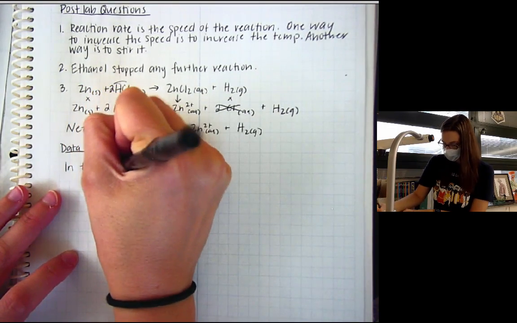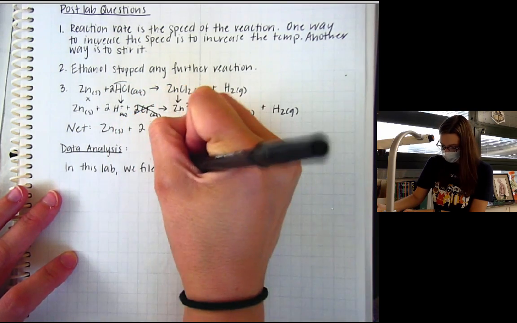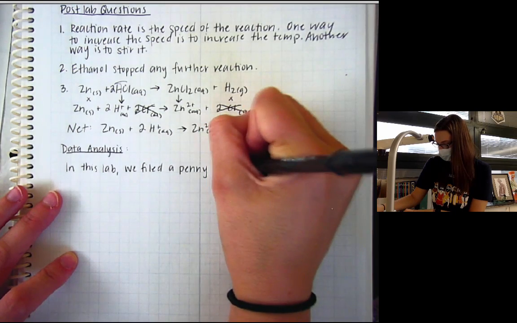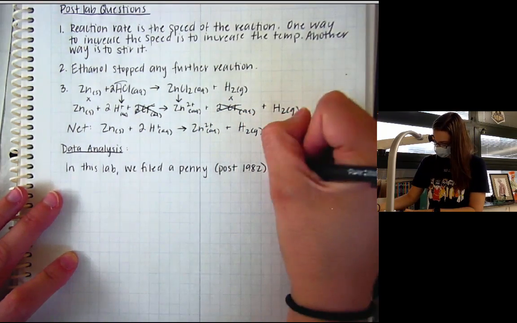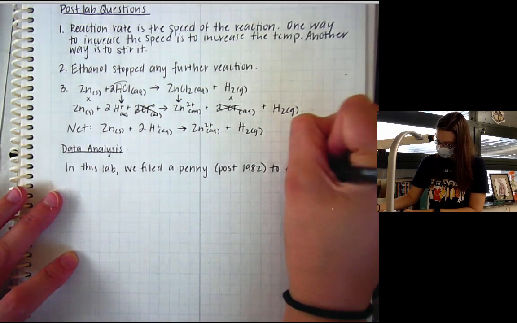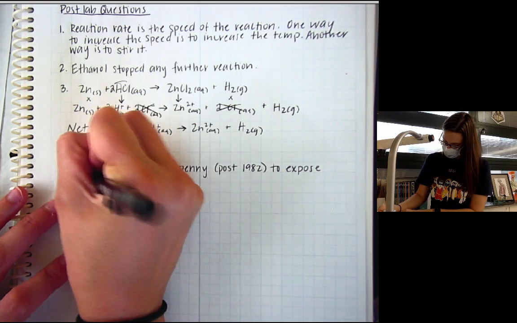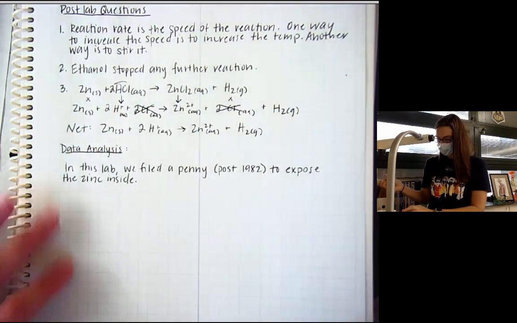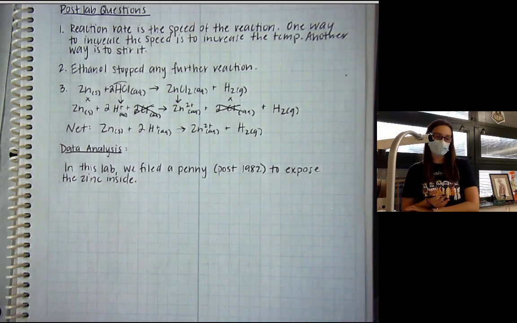In this lab, we filed a penny, in parentheses post 1982, to expose the zinc inside. So we filed the penny, so you had your lab partners do this part.